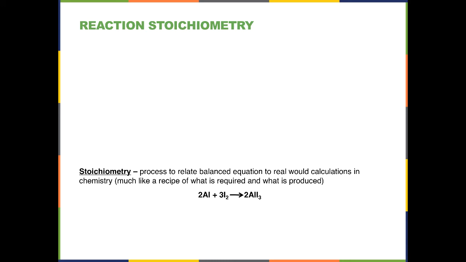And you also know that the formula mass of any compound or any element is the molar mass for that compound. So for example, aluminum, if you look it up, is 26.99. That's the formula mass for aluminum in AMU. It's also the molar mass, meaning that 26.99 grams of aluminum is 1 mole of aluminum.